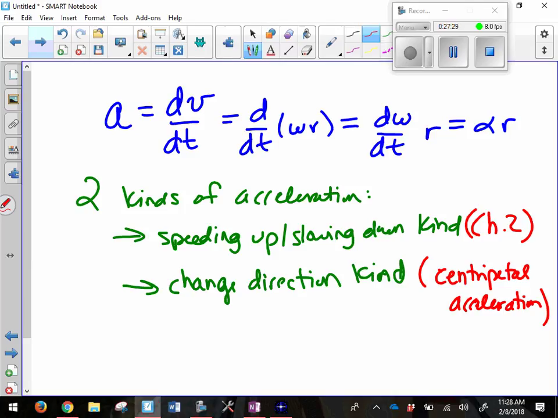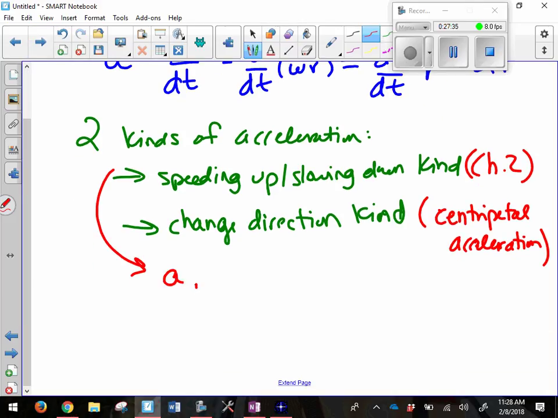So the acceleration from chapter 2, which we're going to call a t because it's the translational acceleration, is going to be equal to alpha r, because that has to do with the wheel or whatever the object is speeding up or slowing down. And that's how we used it in the previous problem. It was making the wheel go faster and faster.